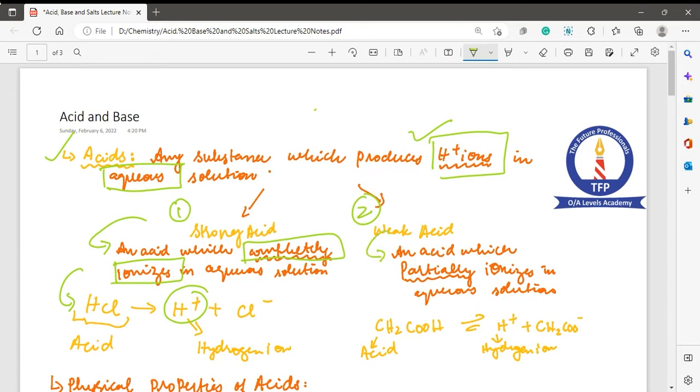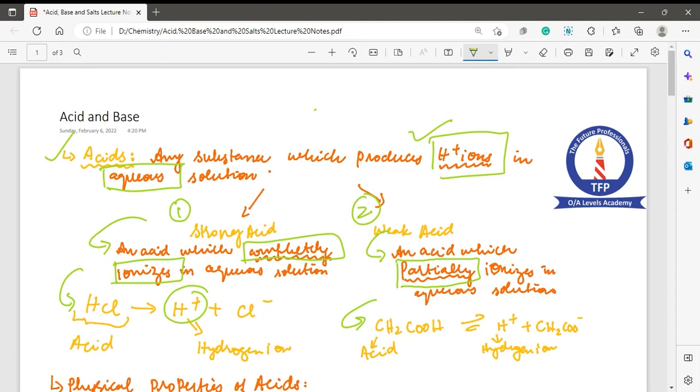The next type is the weak acid. According to the definition, a weak acid is an acid which partially ionizes in the aqueous medium. Substances which do not ionize completely in the aqueous medium are known as weak acids. So the key word in this definition is partial ionization in the aqueous medium. As you can see in this equation, we have an organic acid which is partially ionized in the aqueous medium.